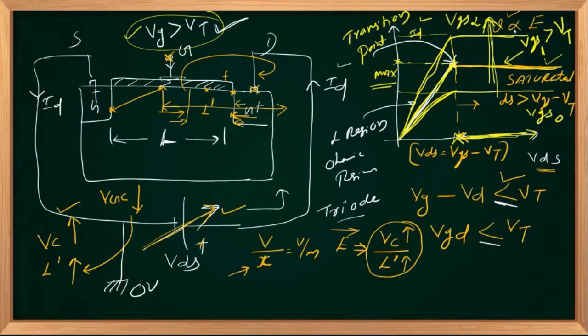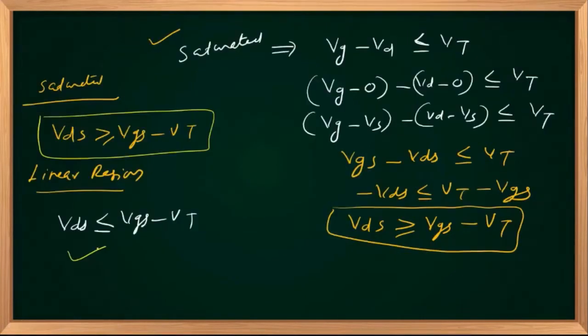Right? And the condition for saturation is VDS equal to VGS minus VT. You need not remember the other one. If this is false, of course, it will be in linear region. Right? This is for N-channel MOSFET.